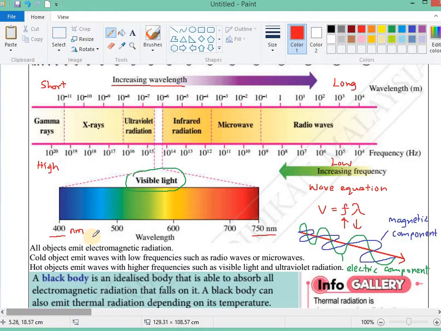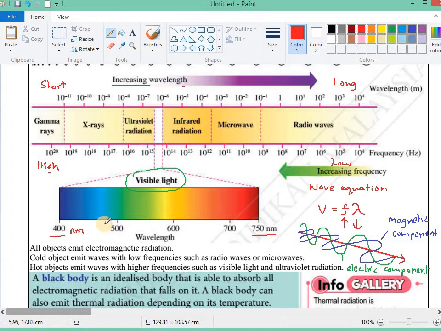That means the cells in our eyes are sensitive to this wavelength of electromagnetic wave, so we can see them. The others we cannot detect: infrared, microwave, radio wave, ultraviolet, X-ray, gamma ray cannot be detected by our eyes, so we cannot see them.